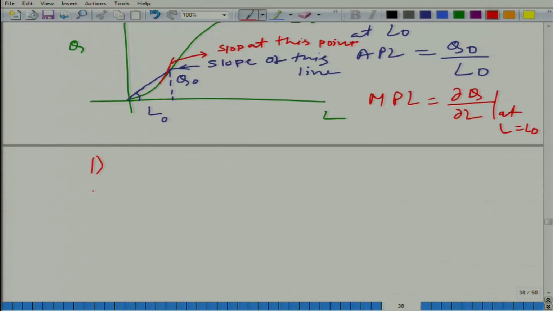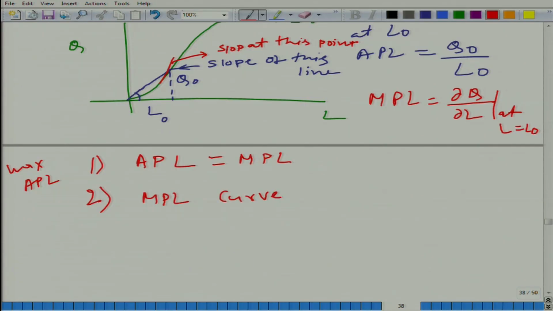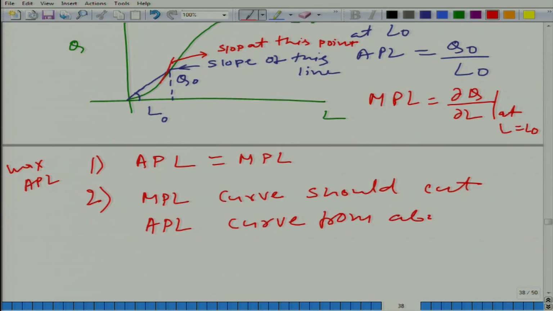So, two requirements. One, that is where APL is maximized, max APL should be equal to MPL, fine, and MPL curve should cut APL curve from above.